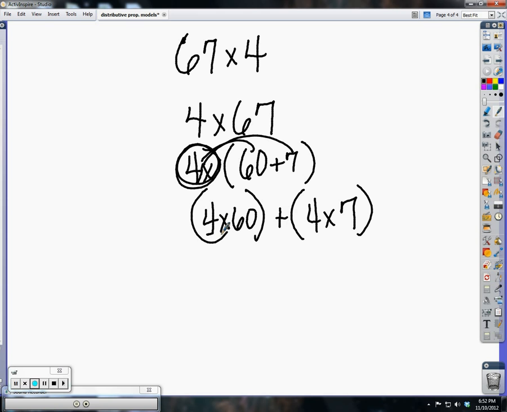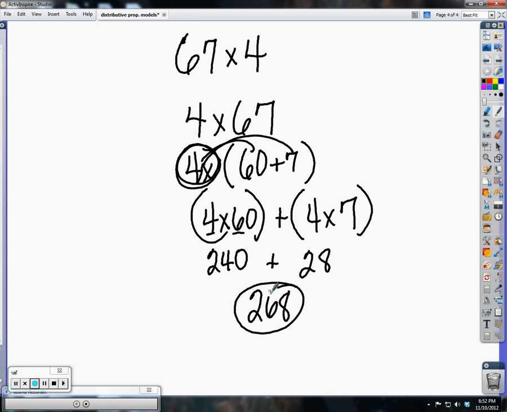Add the two together. 4 times 6 is 24. Add 1 0. 4 times 7 is 28. Add the two together. So 240 plus 28 would be 268. And if we do the traditional algorithm, we can see that's correct.